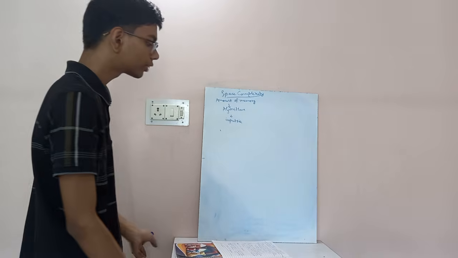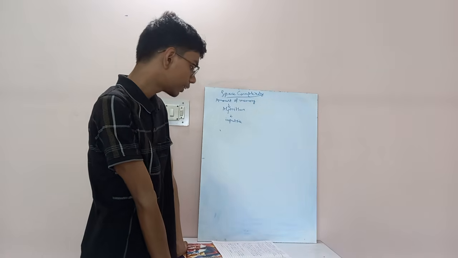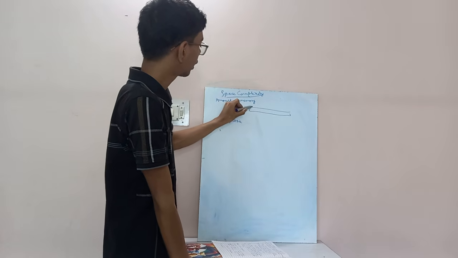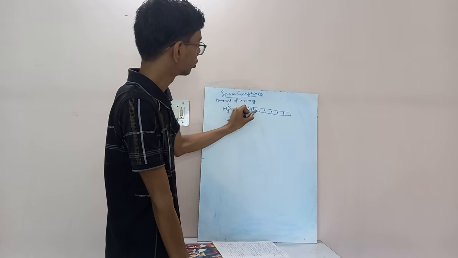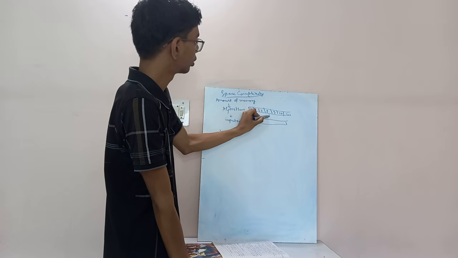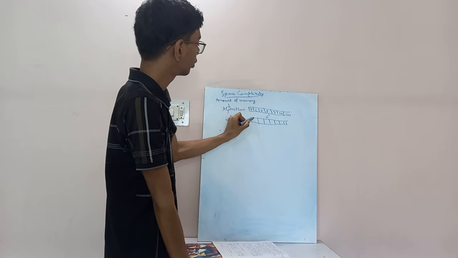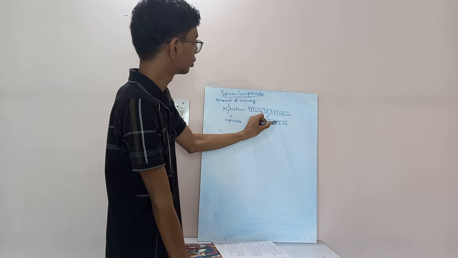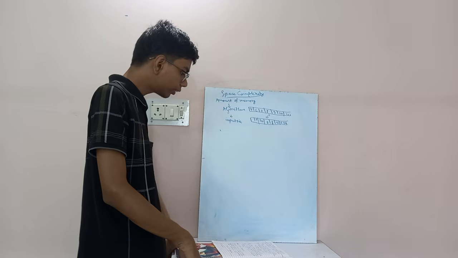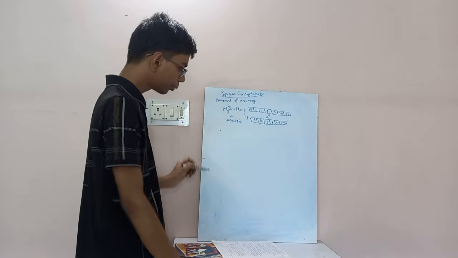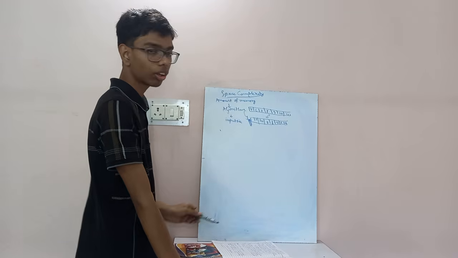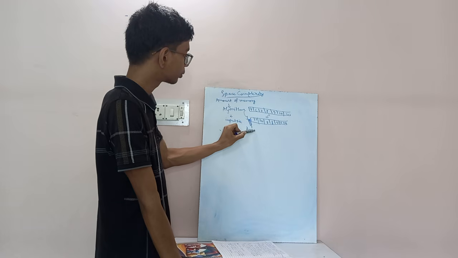Suppose I have an array of size n, it will take some fixed space. Suppose I have an array, right? And I have to reverse this array. So I will need one more array to reverse, and that array will act as extra space, or what we call auxiliary space.